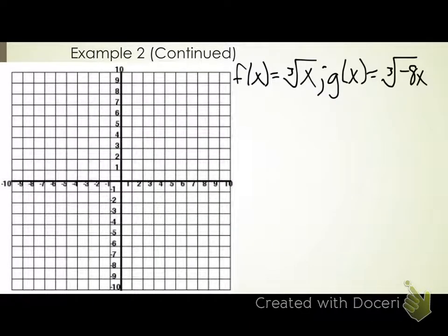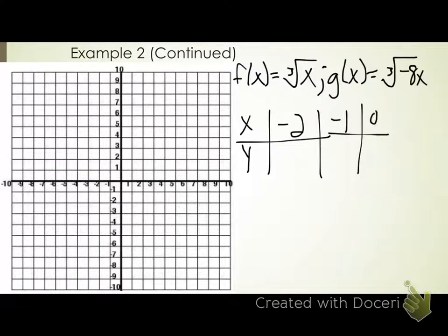All right, let's graph our parent function first. Let's just go -2, -1, 0, 1, 2. I've got the cube root of negative 2, which is negative 1.26.